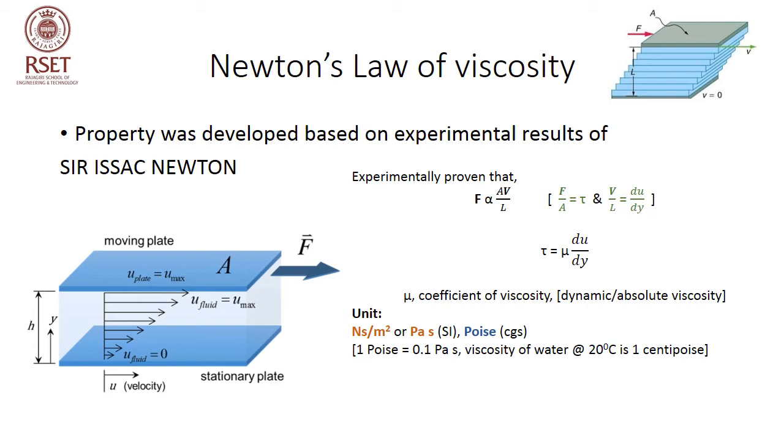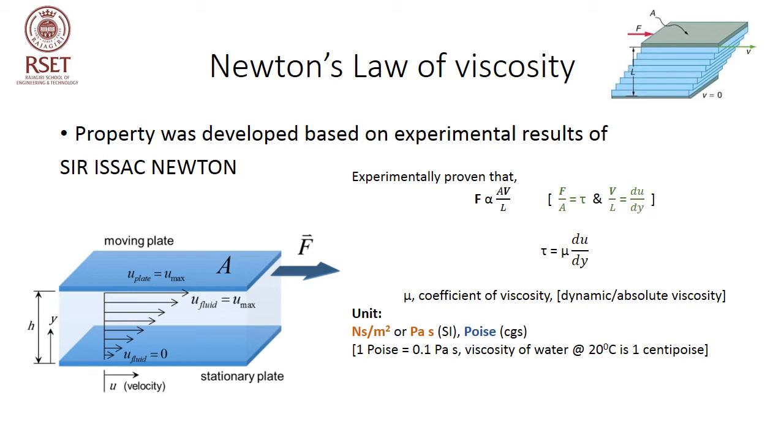If I take dou u by dou y to be the same, in which condition will you have more shear stress? In the case where you have a higher mu value, more resistance will be obtained. So this mu value is called the coefficient of viscosity, also named dynamic viscosity or absolute viscosity, which is a property of a fluid.